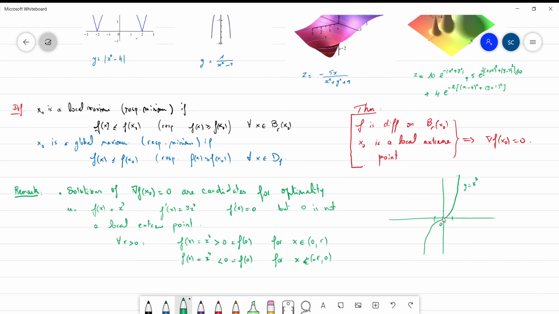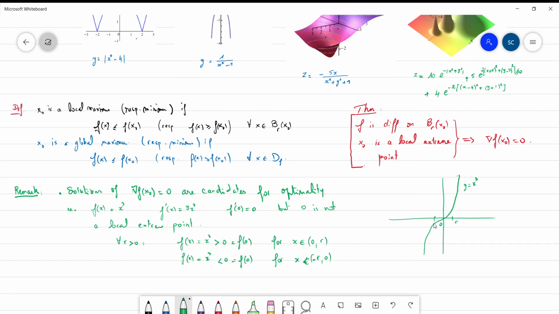But here it cannot happen, because we always have this change of behavior of f: it remains positive, above 0, to the right, and below 0 to the left.